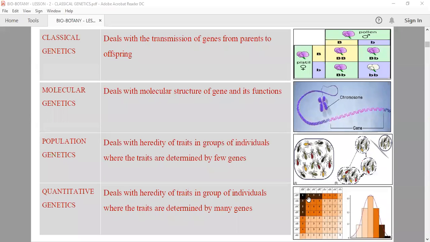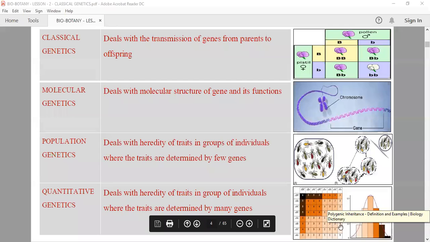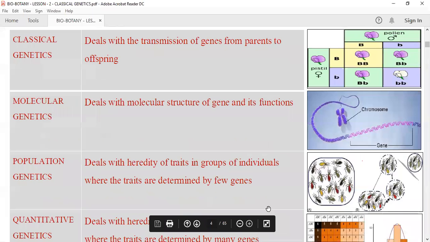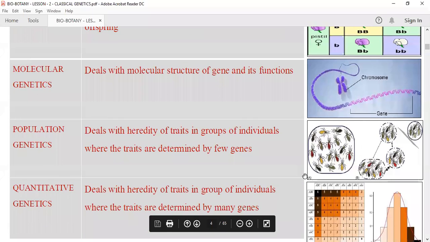If they have 5 genes, somewhat brown in nature. If 4 genes are present, it is light brown. Then 3 is lighter, 2 is very light, and 1 is white. So this is due to the quantitative presence. When the number of genes varies, the trait also varies.